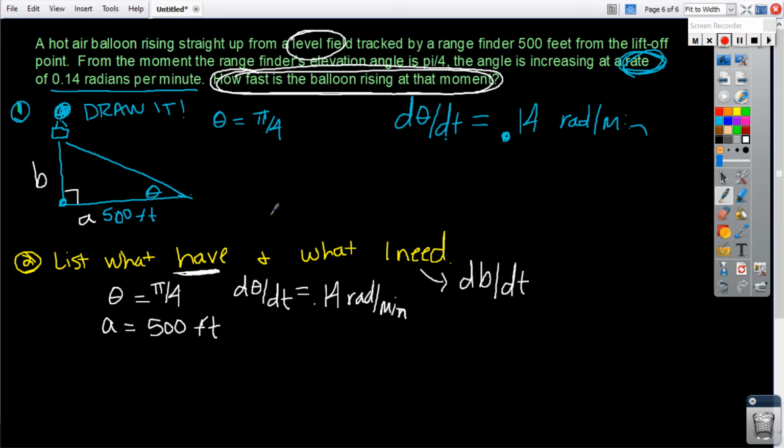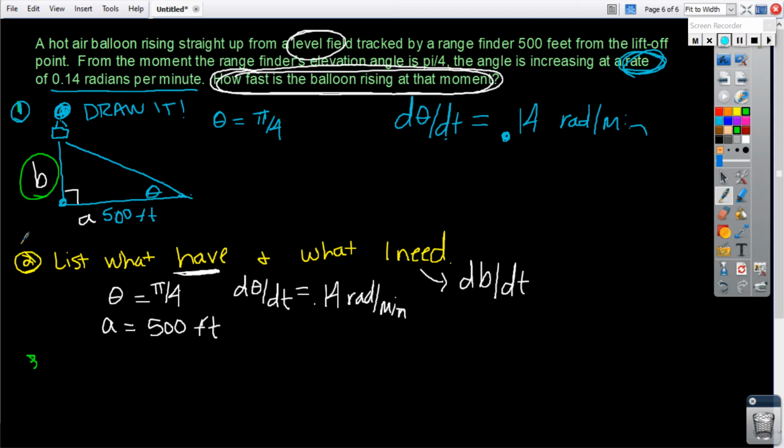All right, so let's think. I need dB dt. Let's think of some way that we can come up with an equation to find B. Because if I can find B and then do the derivative in terms of t, I might be able to find dB dt.